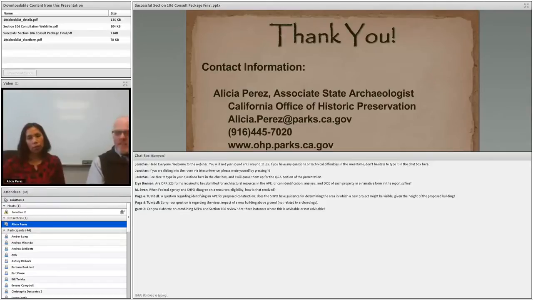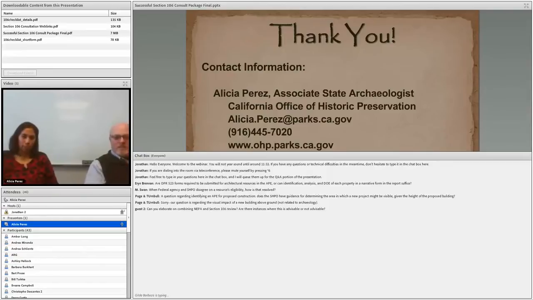I don't have any guidance about that beyond what's included in the definition of the APE in the regulations. There may be something in our annotated Section 106 submittal checklist, but I don't recall. The question gets at the key part of that, which is the visibility of the new building.